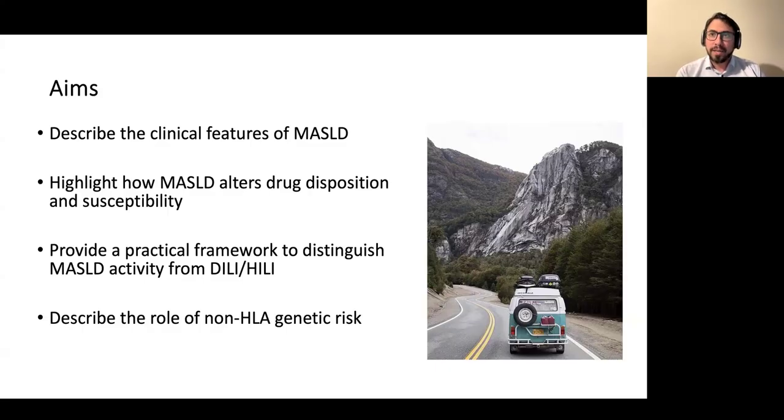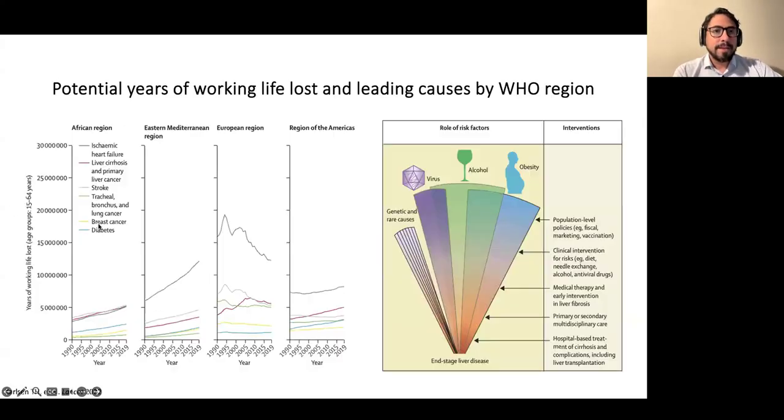the PNPLA3 genetic variants. So probably most of you are aware that liver disease is a major cause of premature death, especially in individuals with an age below 50 years old.